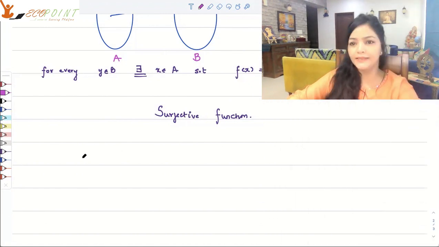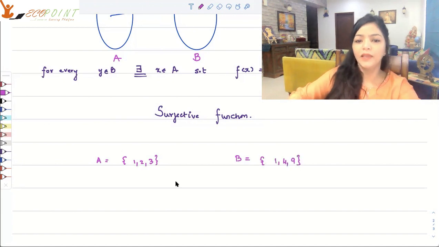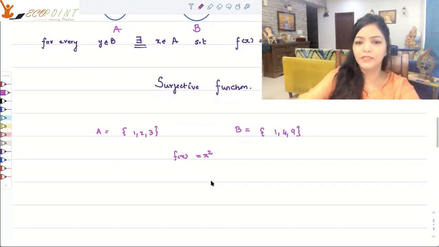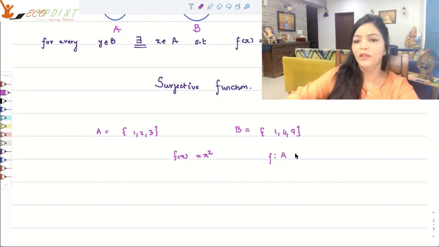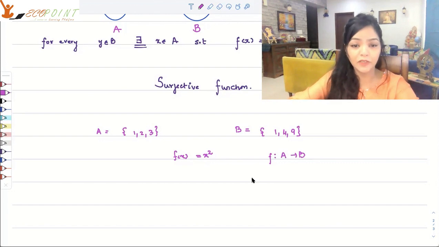Let me give you an example of an onto function. Suppose A is the set 1, 2, 3 and B is the set 1, 4, 9, and suppose f of x is x square, and f is a function from A to B. The question is, is this an onto function?